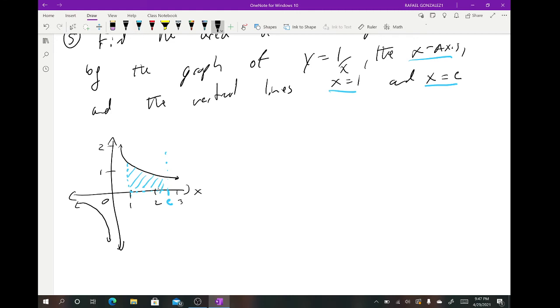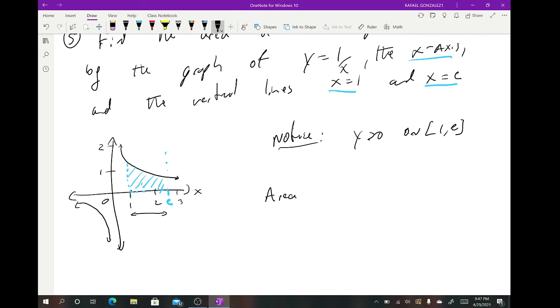So that's what we're looking for as far as the area. Now notice that the values of y are positive on the interval 1 to e. So from here to here, all of our values are positive. So we don't have to worry about getting a negative solution for our area.